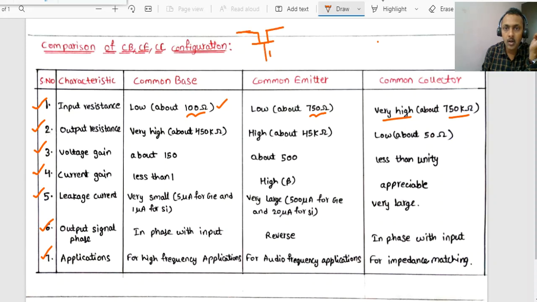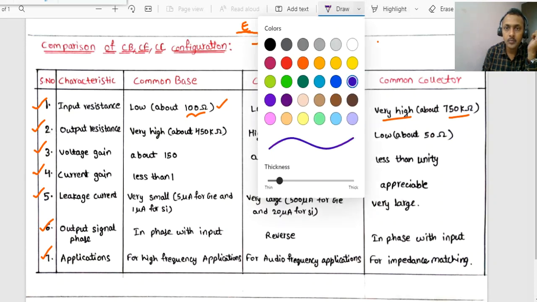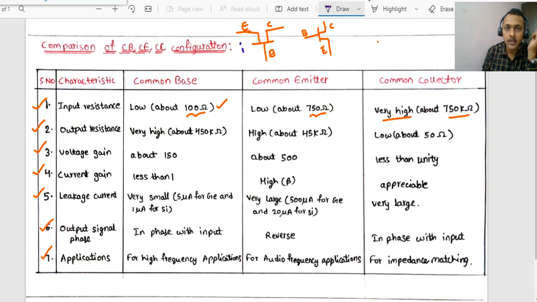If you recollect our previous topics, in a common base configuration, the base is common, and the other terminals are emitter and collector. In common emitter configuration, the emitter is common to both the input and output. Here across emitter and base we have the input, and across collector and base we have the output in common base. In common emitter, across emitter and base we have the input, and across collector and emitter we have the output.